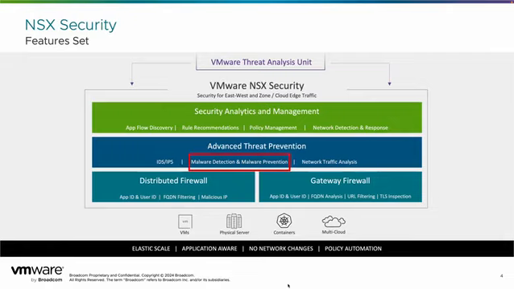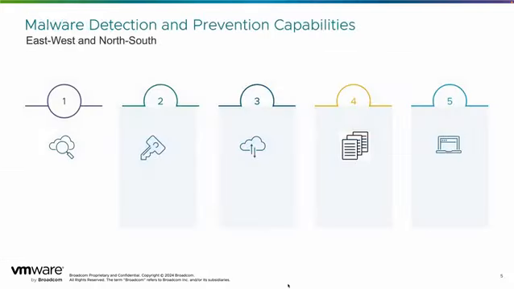Now, what are some of the benefits of the way we typically look at malware detection and prevention capabilities? The first one is you need to have both static and dynamic malware analysis. What do I mean by this? There will be a great number of files that we can very quickly discern are malicious.